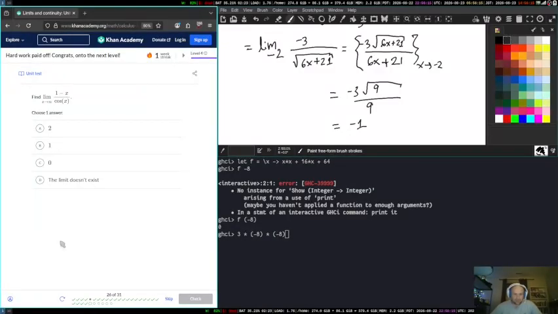Next level. Okay. 1 minus x. I actually don't know. The cosine's just going to oscillate. So it's going to be linearly decreasing, but it's going to oscillate.